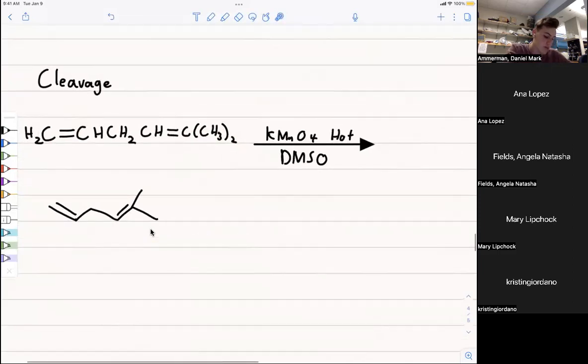Now we just talked about KMnO4 hot will do cleavage. Also, DMSO is not DMS, it's different. It looks similar, but it won't stop it from completely oxidizing. So we'll end up with carboxylic acids on places that are not secondary. So this will also do every single double bond in here.